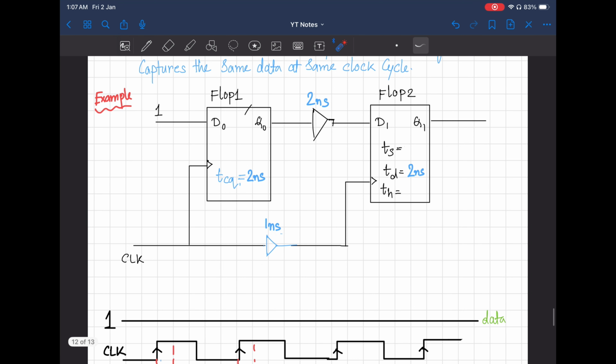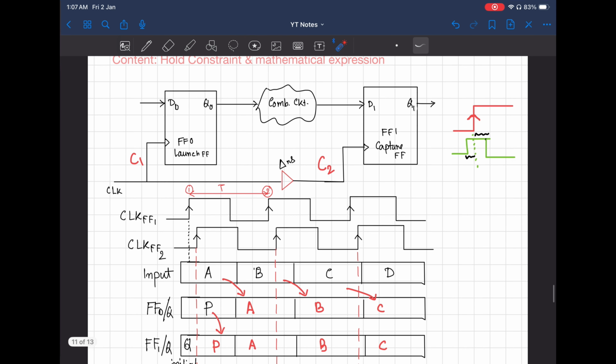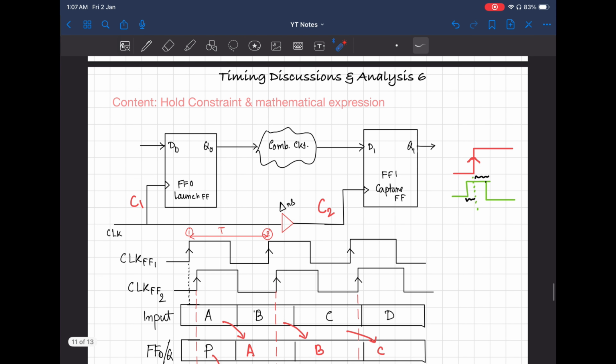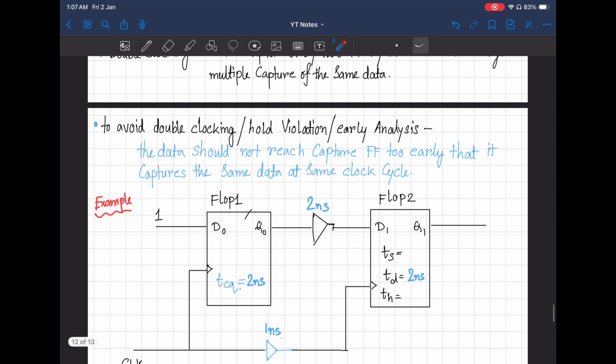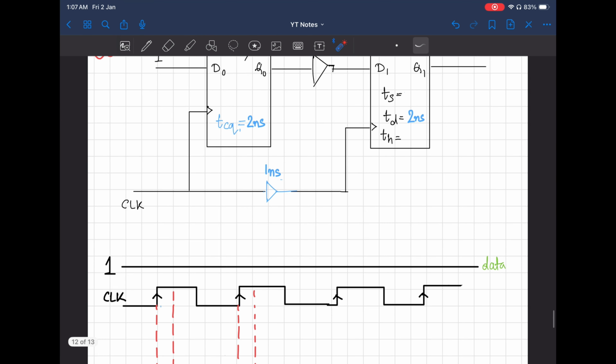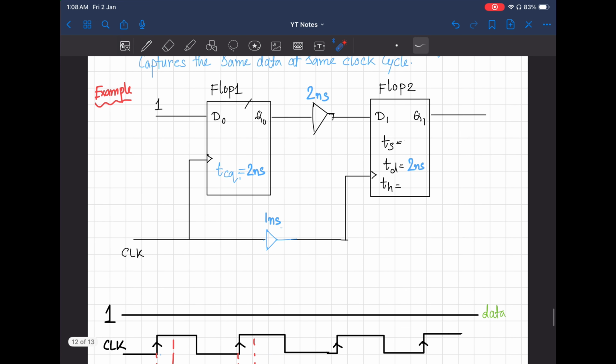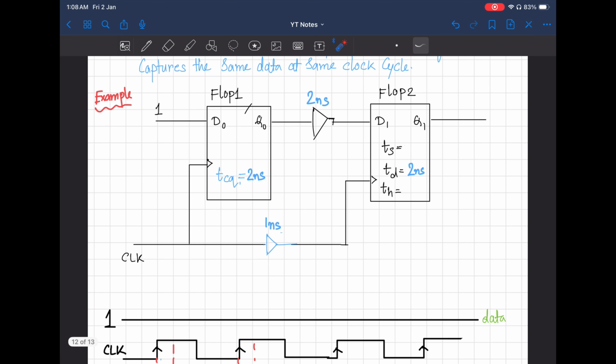The next thing is very simple. Maybe till now you have understood a little bit of the hold constraint, I hope. But I tried to take an example, and by that example maybe you will understand very well how we can represent it in a waveform with numerical numbers.